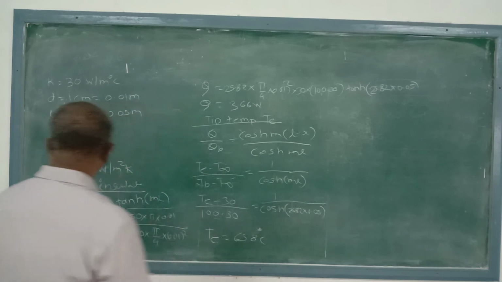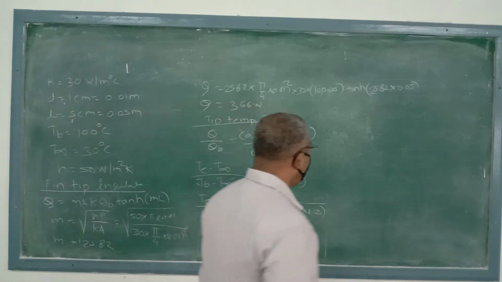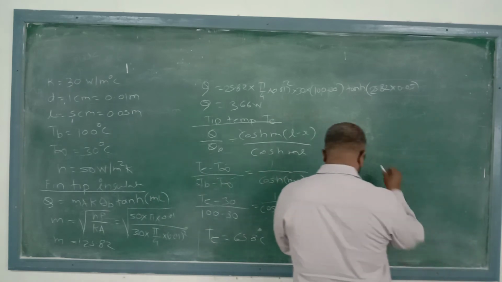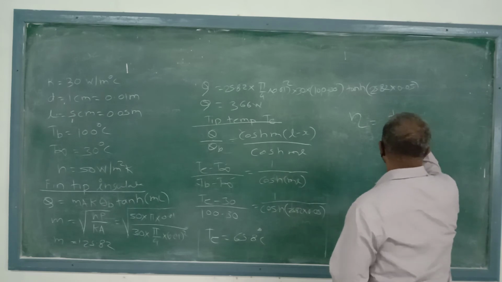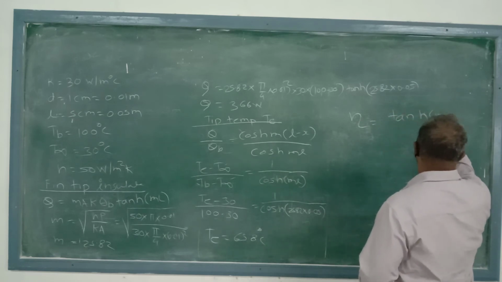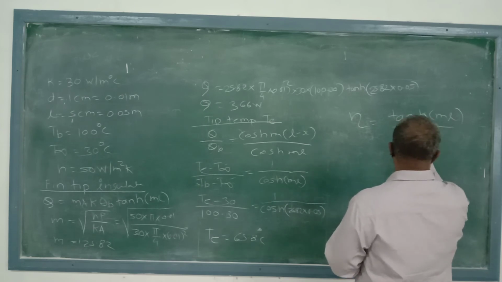So next they are asking you to find the fin efficiency. Again, the efficiency formula we have is tan hyperbolic of ml upon ml.